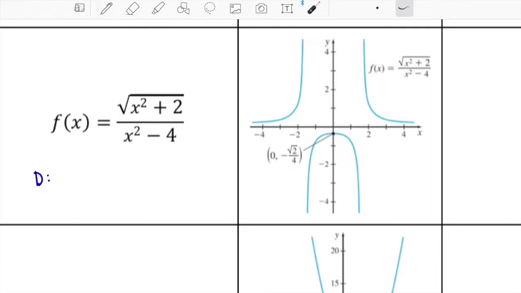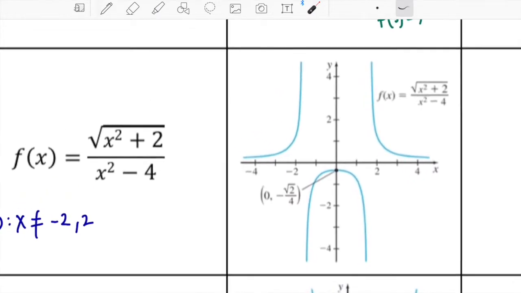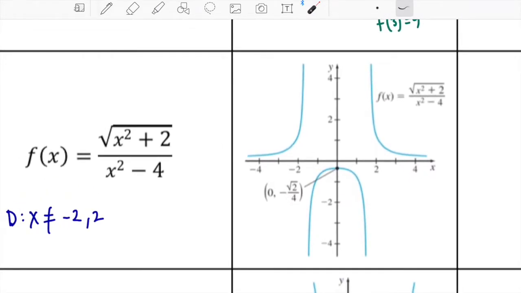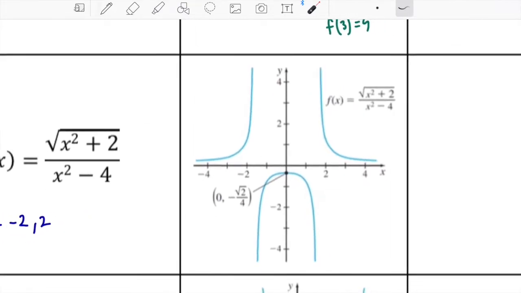So for the domain, x cannot equal negative 2 or positive 2, because if you plug in a 2 or a negative 2, you get 0 in the denominator. Therefore, it would be undefined there. That would be our domain: all real numbers, but x cannot equal negative 2 or 2.